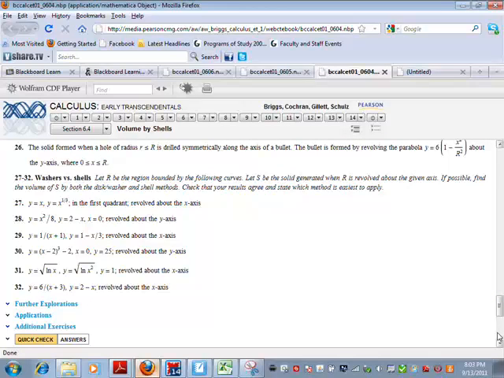I'm using these functions on the test, exactly these: 6.4, problems 27 through 32. I'm going to give you the picture, and I'm going to have you rotate these around something.